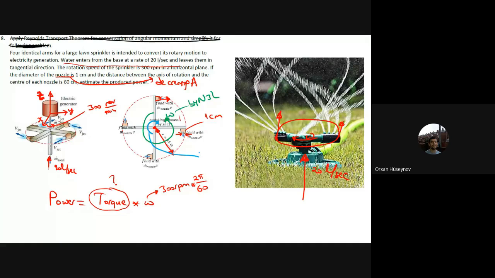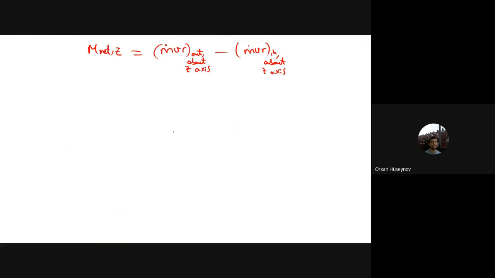This one is the torque by the generator on our lawn sprinkler. The direction of this one is clockwise, and if I say that clockwise moment is negative, it will be negative. So in the z-axis there is only one torque, the torque by the generator or shaft. I will put a negative sign here.